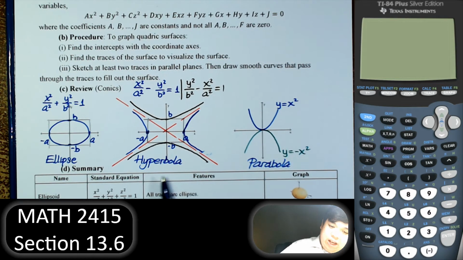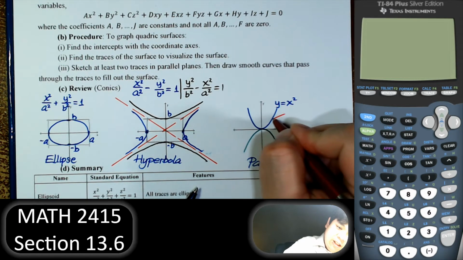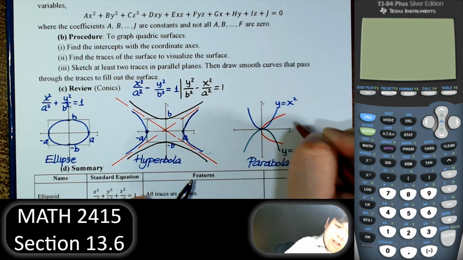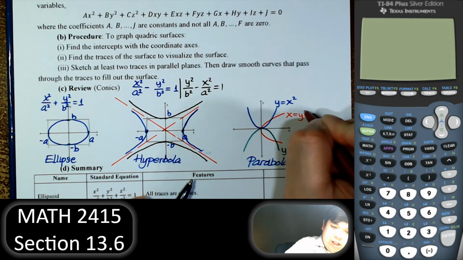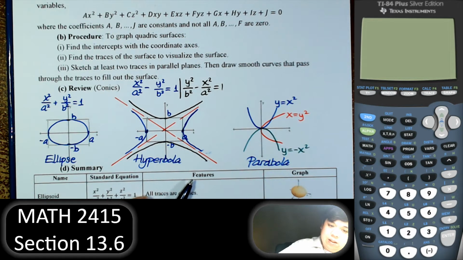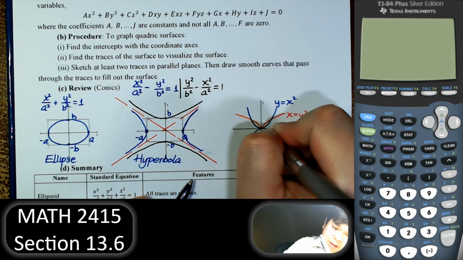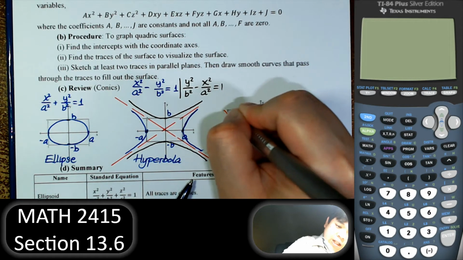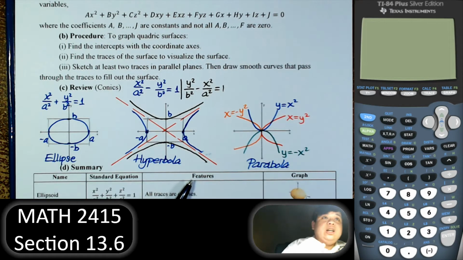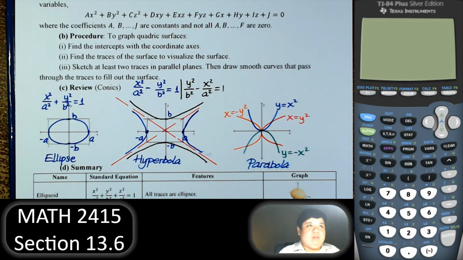And then we have x equal to y squared and x equal to negative y squared. So we have parabolas that go in different directions. So that's the basic.